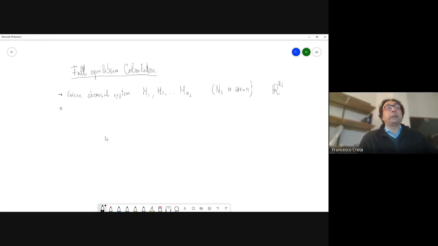We also have to be given an initial composition. So how do we define the initial composition? Simply the initial number of moles, and we usually refer to these as N10, N20, and NS0.